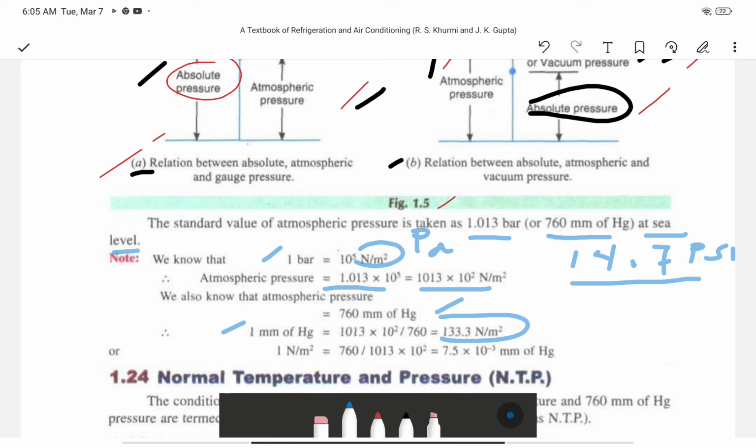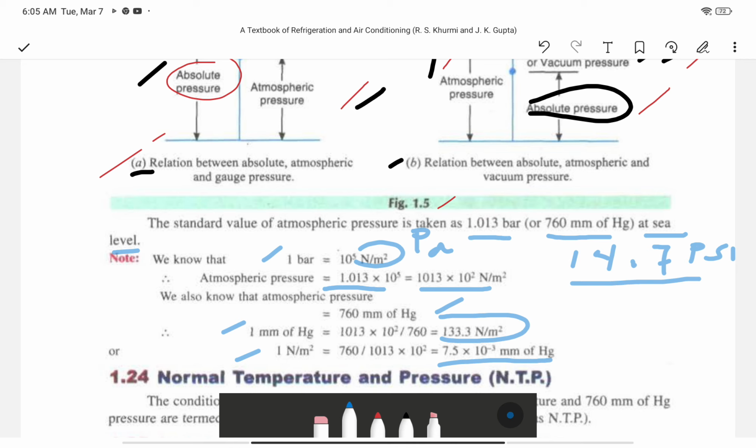And 1 Pascal, or 1 Newton per square meter, is equal to 7.5 times 10 raised to negative 3 millimeter of mercury.